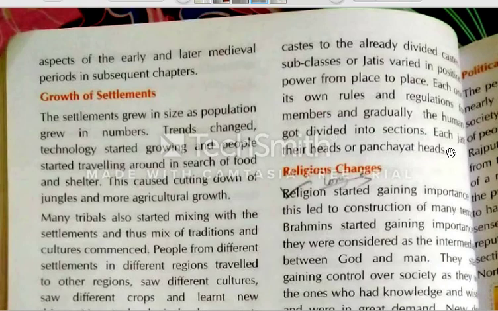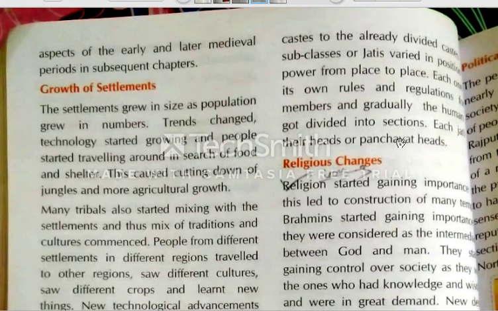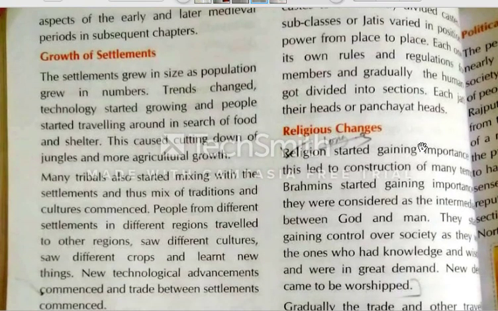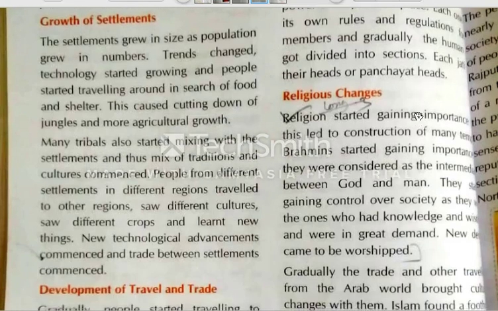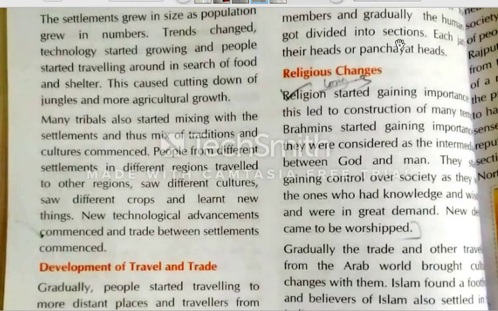Each jati had its head or panchayat head. After some time they were divided into sections, and each jati had its head and panchayat heads also. These can be seen in some parts of India today also.